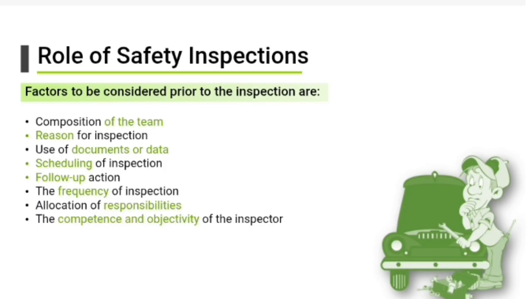Ensuring the competence and objectivity of the inspector or team adds credibility to the process, promoting a comprehensive and impartial evaluation of health and safety conditions. By addressing these considerations proactively, organizations can conduct inspections that contribute meaningfully to a robust health and safety management system.